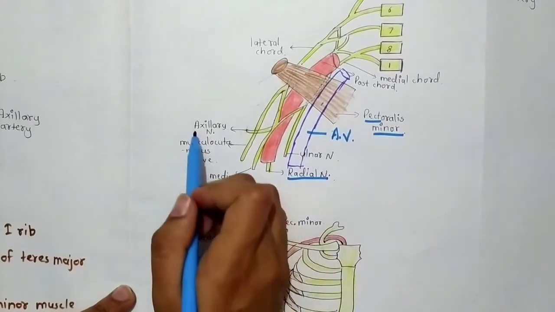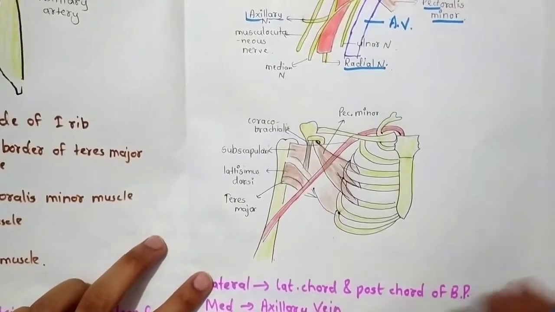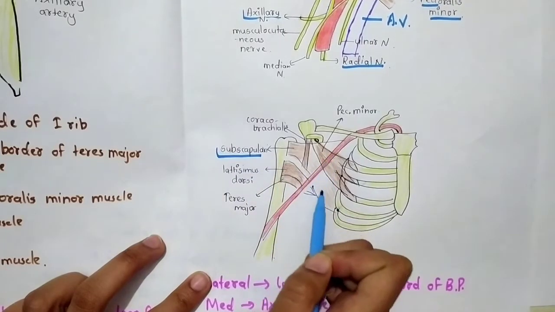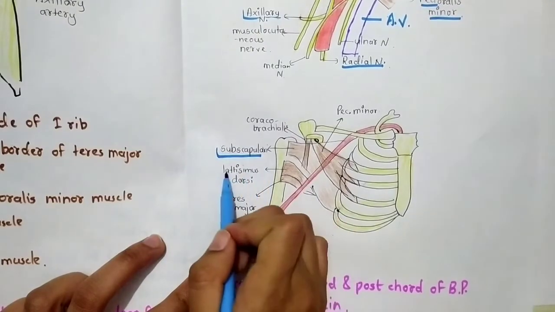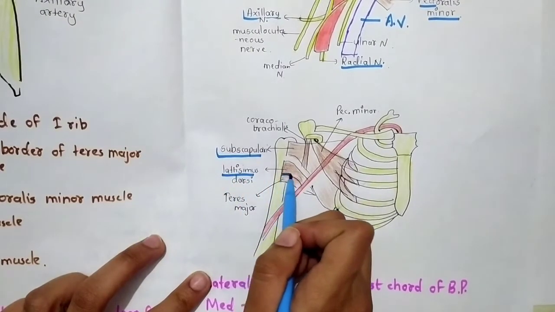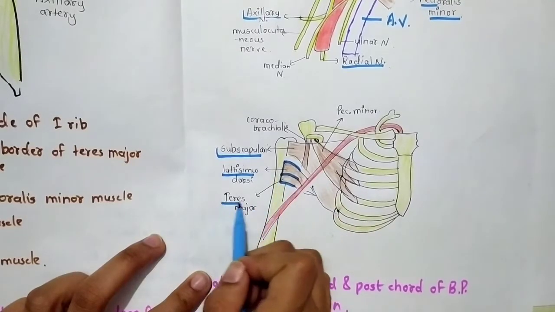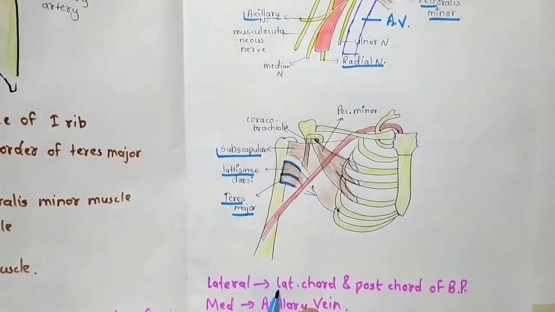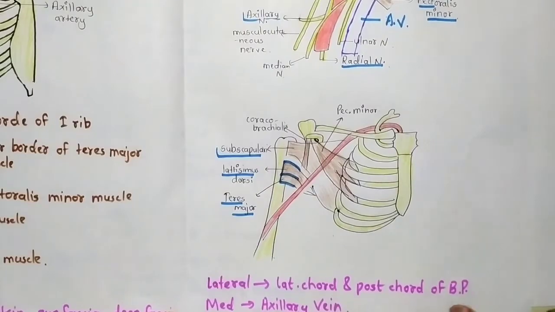The muscles are: this whole muscle is the subscapularis, this upper one is latissimus dorsi, and the lower one is the teres major muscle, from the lower border of which it terminates into the brachial artery. So these are three muscles and two nerves.